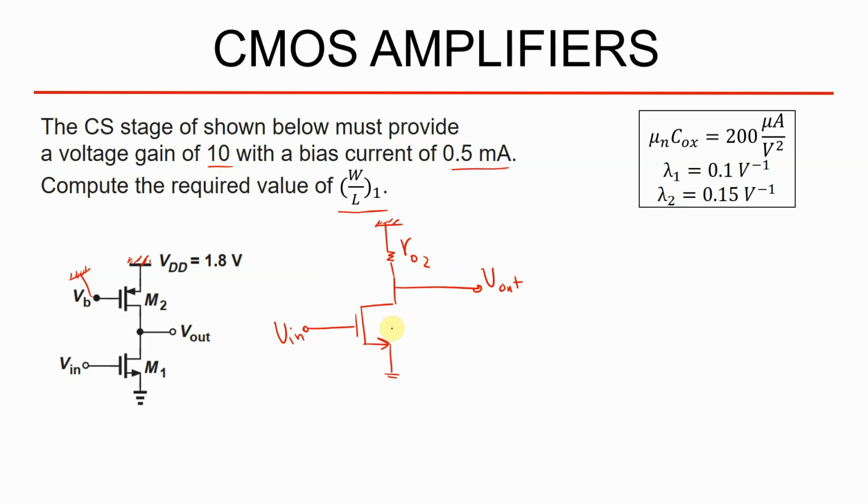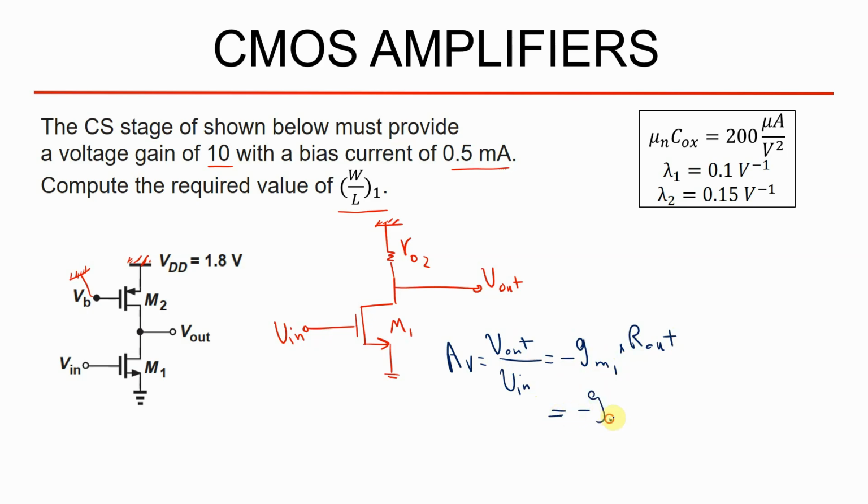And for M1, as in my previous videos, you can see that for this common source amplifier we can use this formula for Av, Vout divided by Vin, which is minus gm1 times Rout. And what is the Rout in this amplifier?